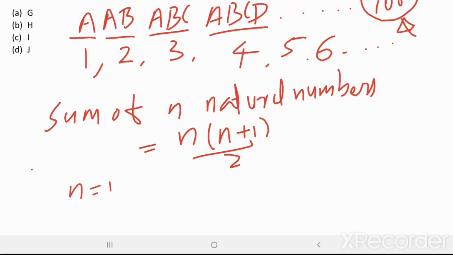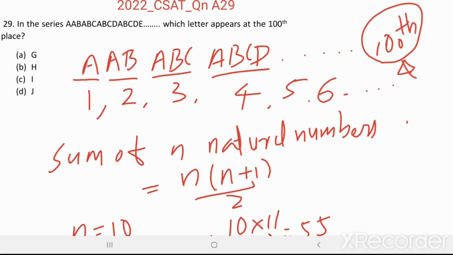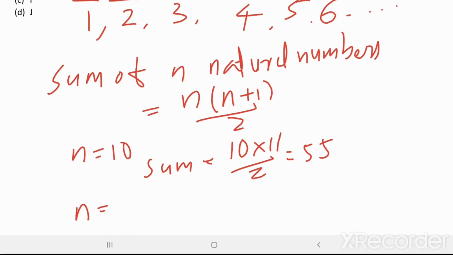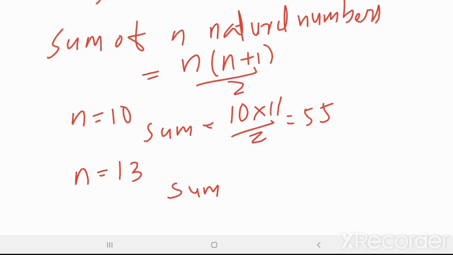Suppose n equals 10, then the sum of the first 10 natural numbers equals 10 into 11 divided by 2, equals 55. But here it is 100. So let us take n equal to 13. Then the sum of the first 13 natural numbers equals 13 into 14 divided by 2. We get 91.